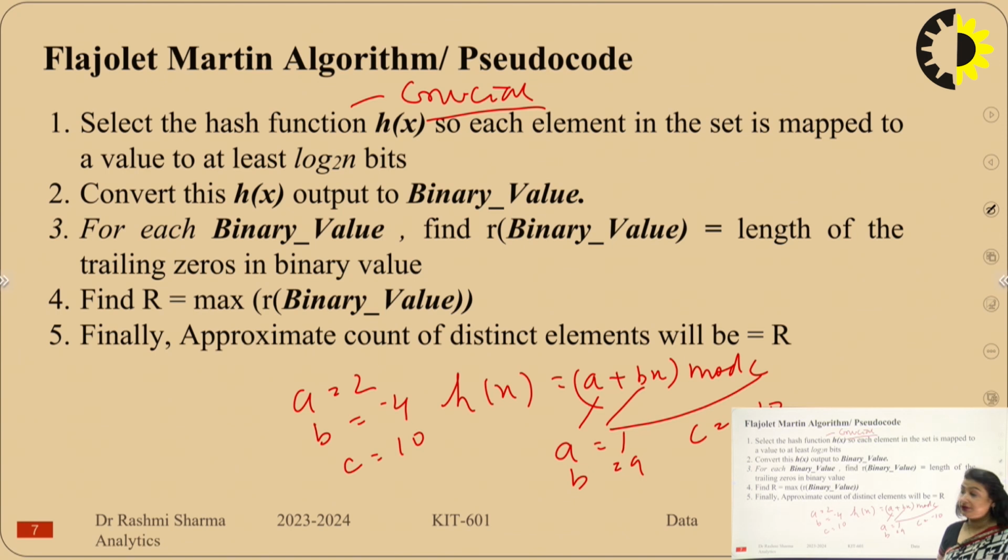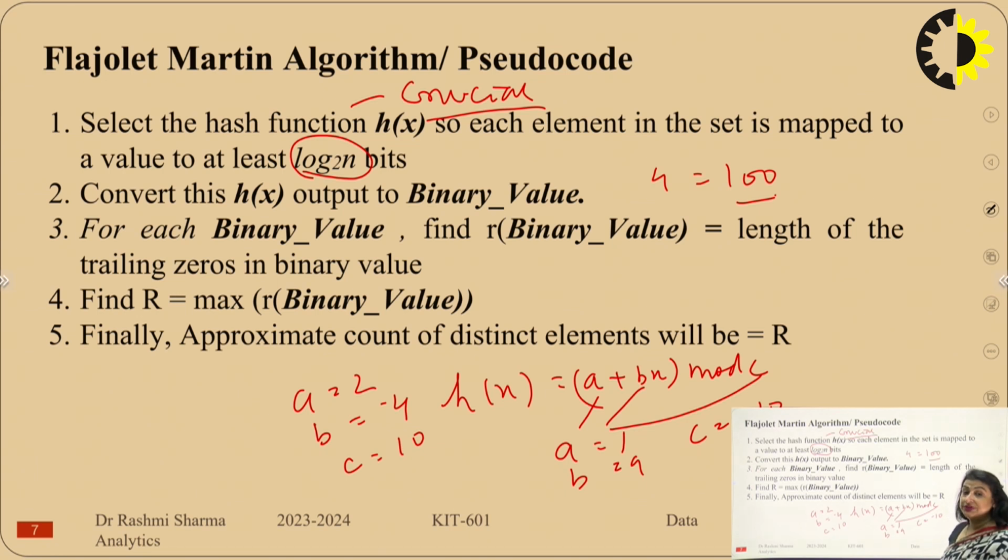So each element in the set is mapped to at least a value, and that is log 2 n bits. That becomes the complexity of this algorithm also. Convert this hash output to a binary value. If I get a value of 4, then I convert it to 100. Then for each binary value, find R as the length of the trailing zeros in the binary value.